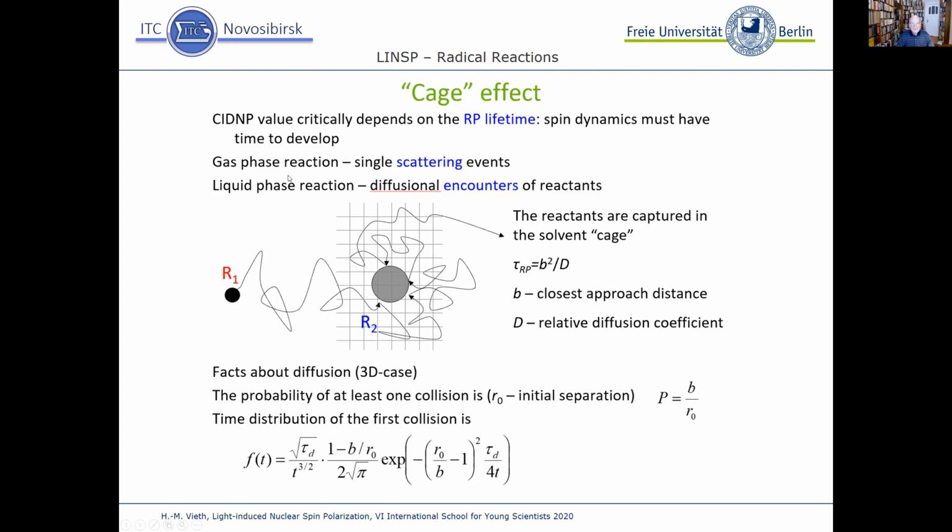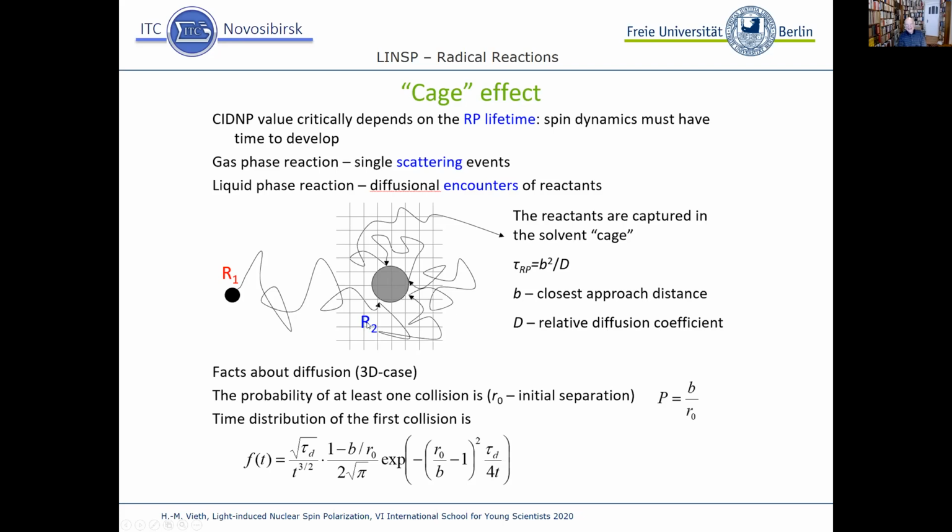So the reaction can start when here, for example, shown when radical R1 and radical R2 meet each other. They move along in the liquid, and once in a while, they meet each other.